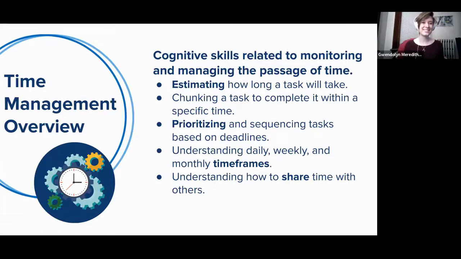So some cognitive skills related to monitoring and managing the passage of time are very important, obviously, because it's being able to self-reflect on how much time you have spent, estimate how long a task will take, break down a task and chunk it into specific times, prioritizing your tasks and which you're going to do first based on deadlines. And then just also understanding how long is a day or a week and a month.